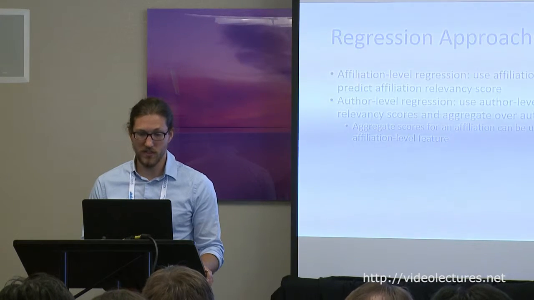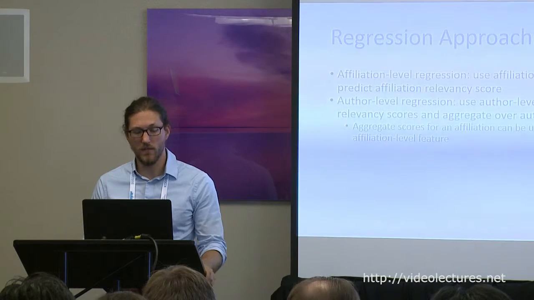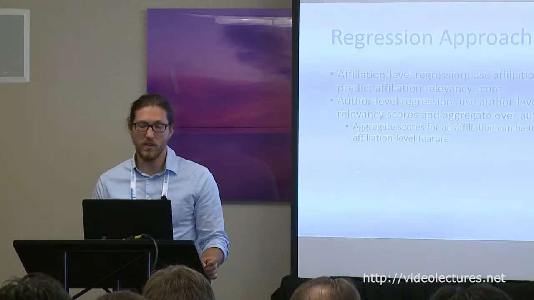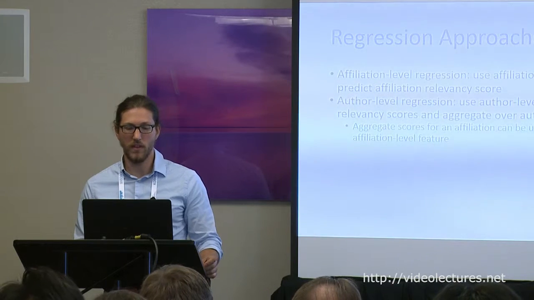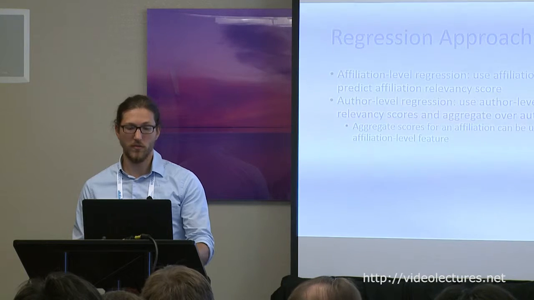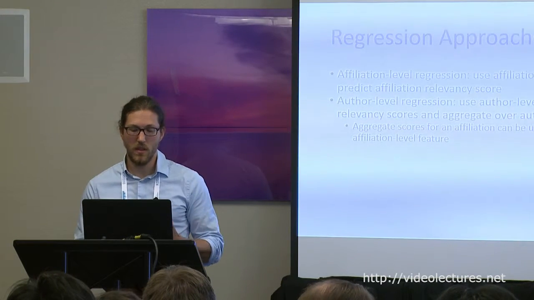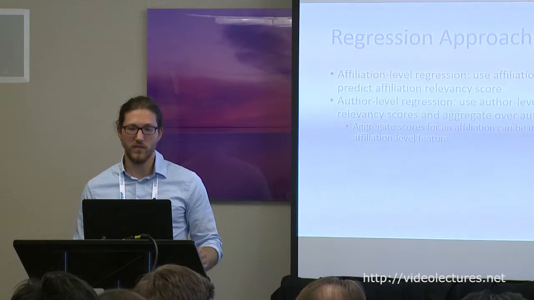The natural regression approach is to take affiliation level feature vectors and use that to regress to the affiliation relevancy score. We can also take author level regression, use the author level features to predict author relevancy scores, and aggregate those over the authors at an affiliation to produce the affiliation level score.